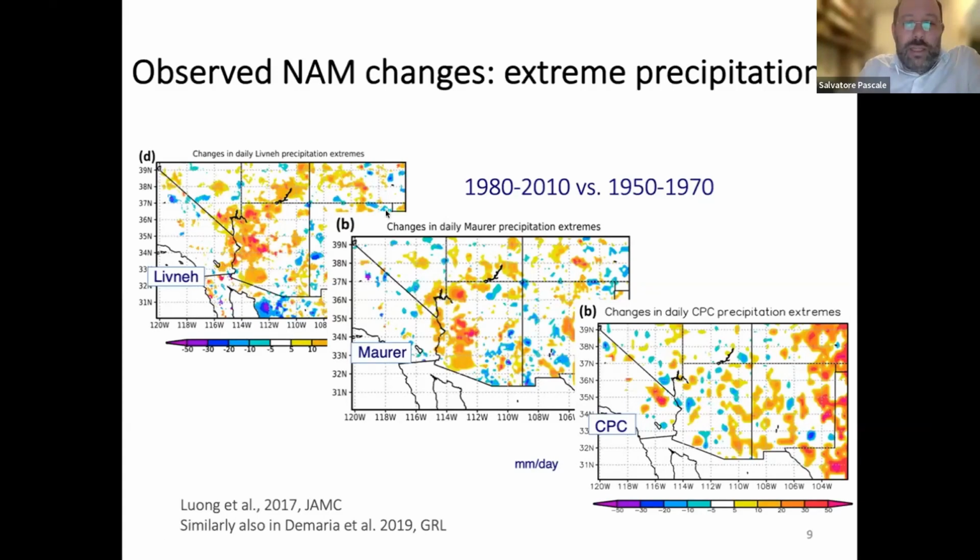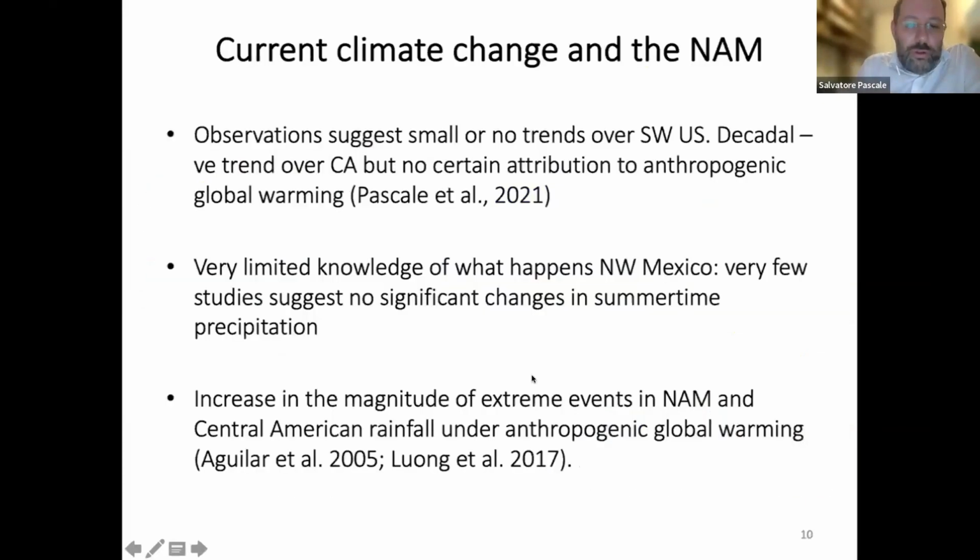However, we have to say that these results are mostly for the northern margin of the North American monsoon, for the US, for Arizona, New Mexico, where there is a very dense network of gauges, but there are not many observations, or at least long-term observations, for Central America or Mexico, for example, which is really the core region of the North American monsoon. So observations suggest small trends.